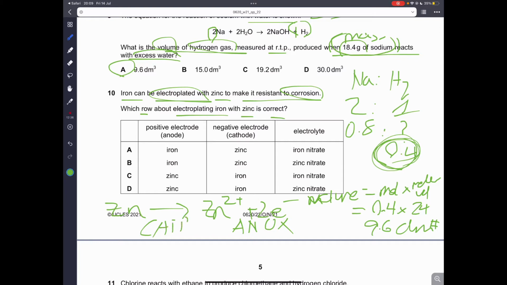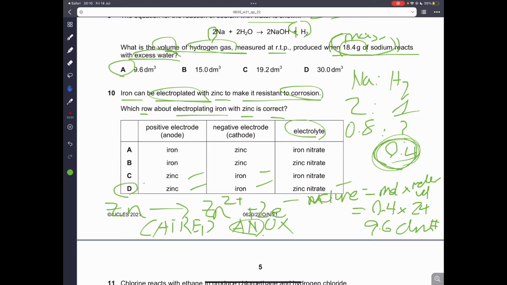So the zinc has to be on the anode, so it's either C or D. While the iron has to be at the cathode, because the cathode is going to gain the electrons lost by the zinc. And so the electrolyte has to be a salt of zinc, zinc nitrate, and therefore D is the correct answer.